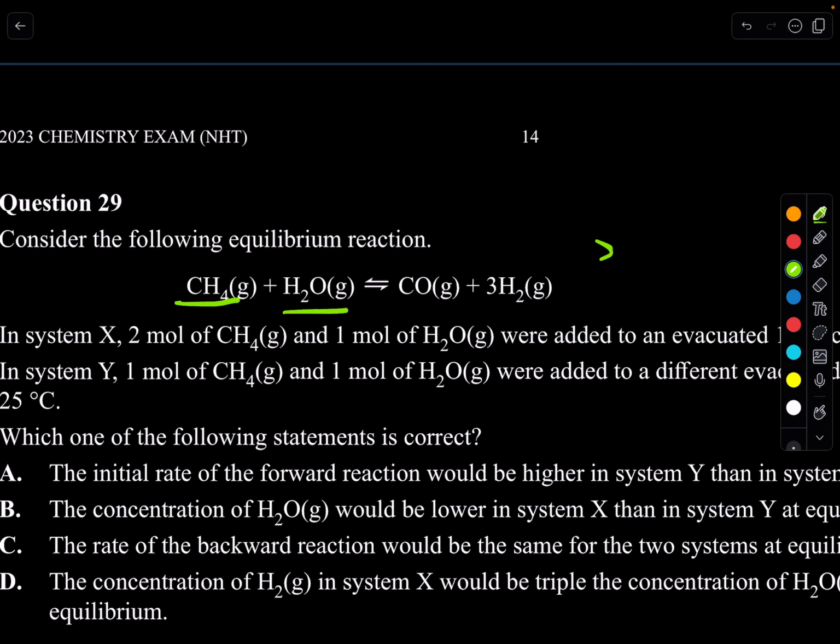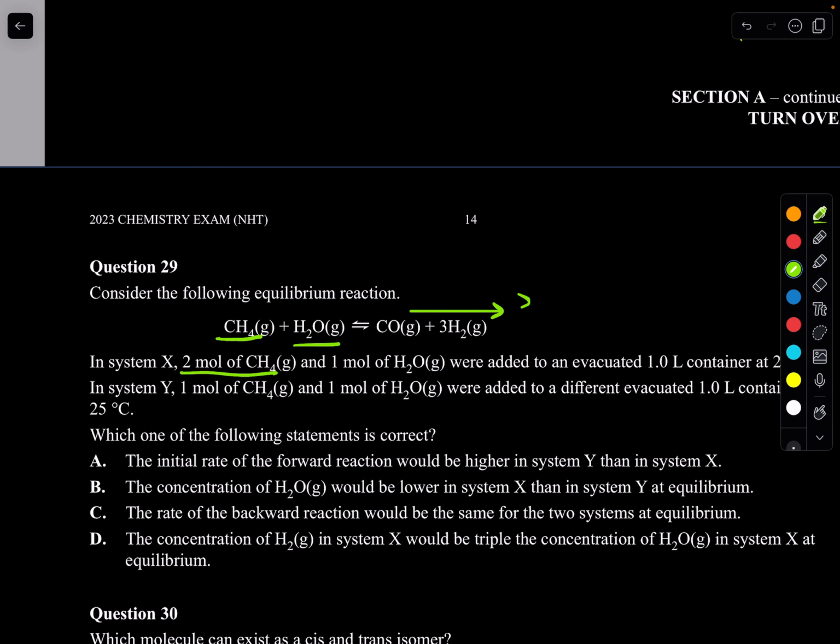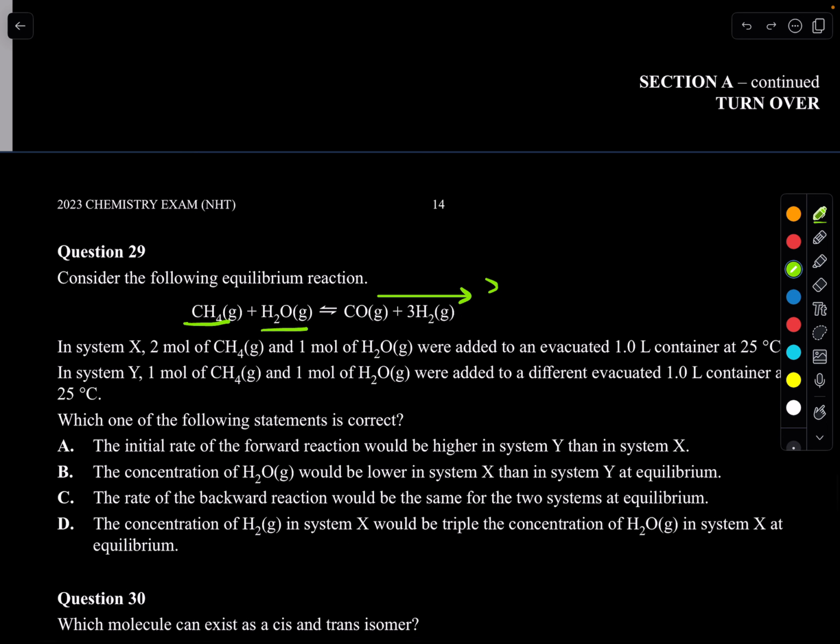The frequency of collisions is greater, meaning your rate of reaction is going to be faster going forward in X in comparison to Y, because you have more molecules colliding. So the initial rate of the forward reaction for X will be higher than Y. A is wrong.